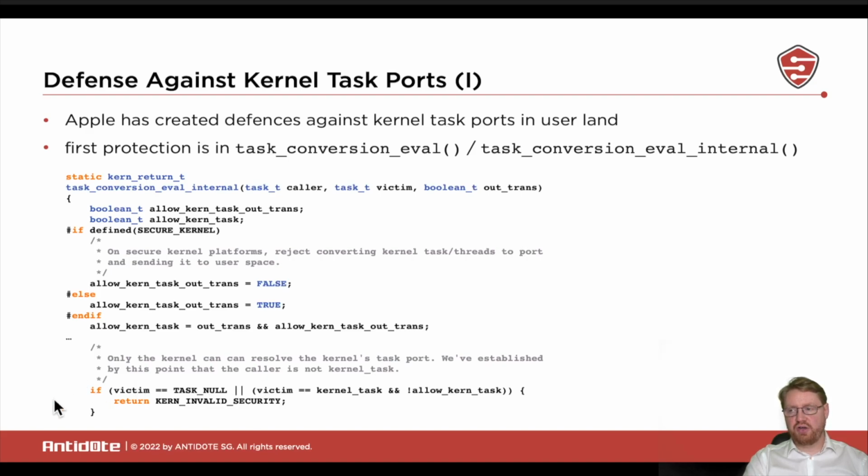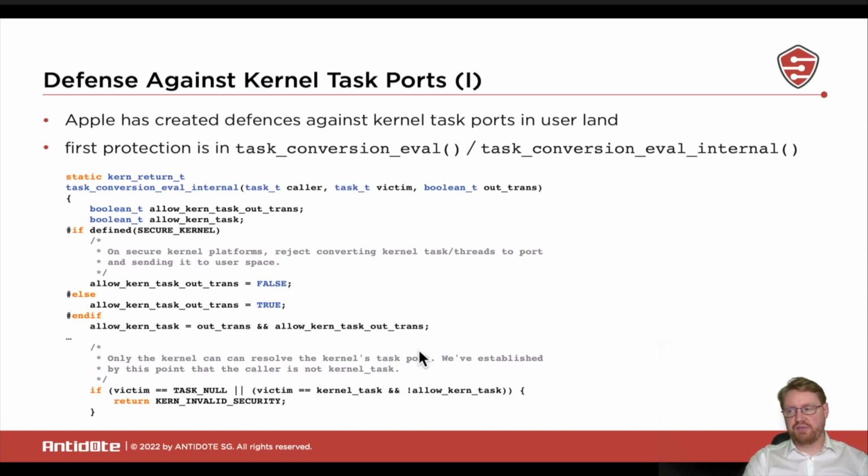There's a little bit of code stripped from here, but basically the idea is you can only reach this here if you are the kernel yourself, and only if it's allowed, then it can be returned to the user. Otherwise, it would never be able to leave this here. Yeah, so that's the first thing.